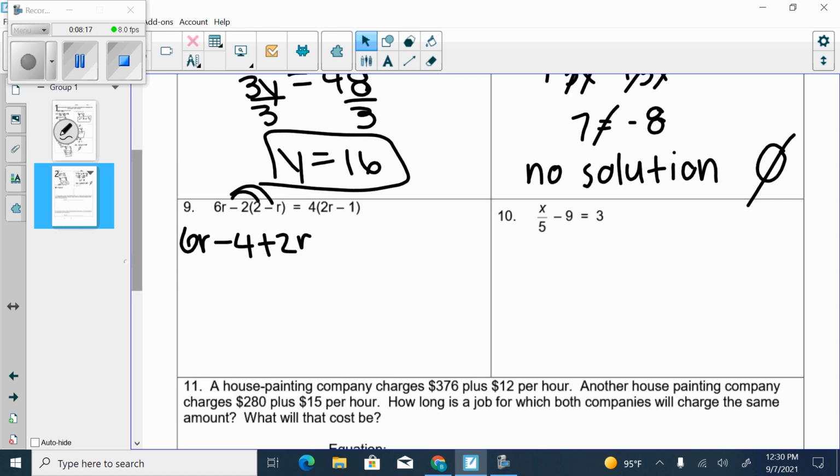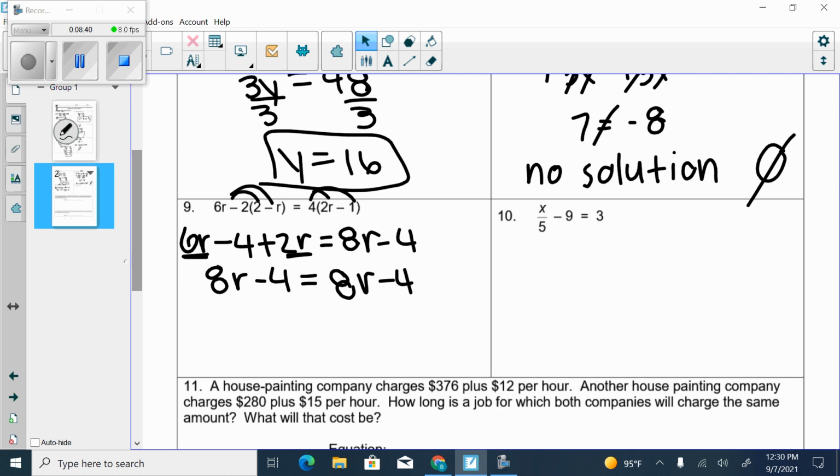Nice. And then on the other side, we distribute 4 and we get, very good. Okay, now what should we do? Combine like terms. So 6 and 2 would give us 8r minus 4 equals 8r minus 4.